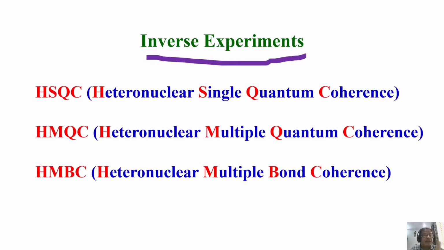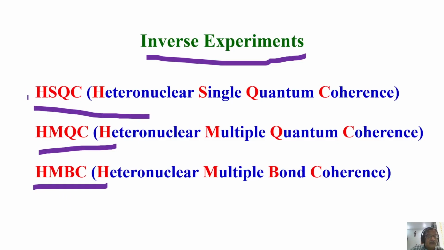If I detect carbon, as we discussed about sensitivity, it is very, very less sensitive compared to proton. Nearly 5,800 we thought. Okay, 6,000 you take, no problem. 6,000 times less sensitive compared to proton. Whereas if I detect proton, it's easy. But indirectly I can get the information about carbon or the dilute spin. That is the advantage. So these are all inverse experiments.